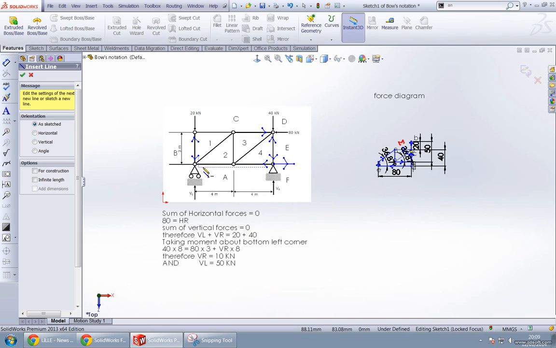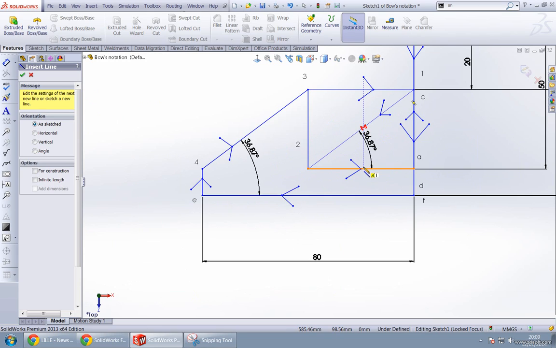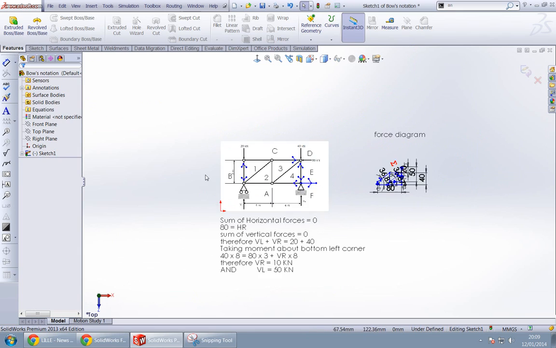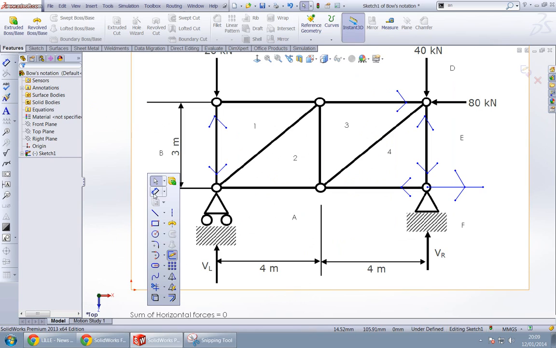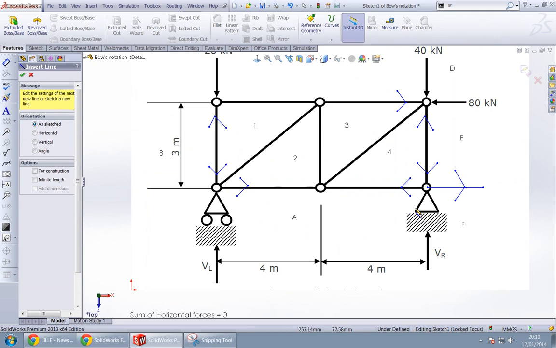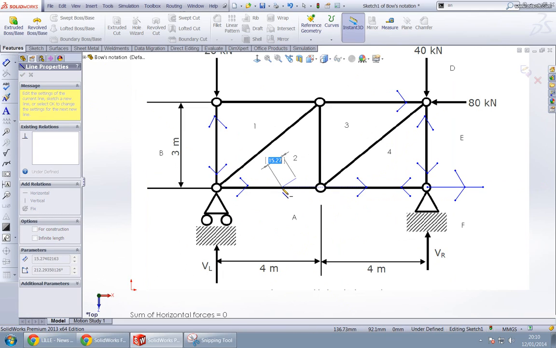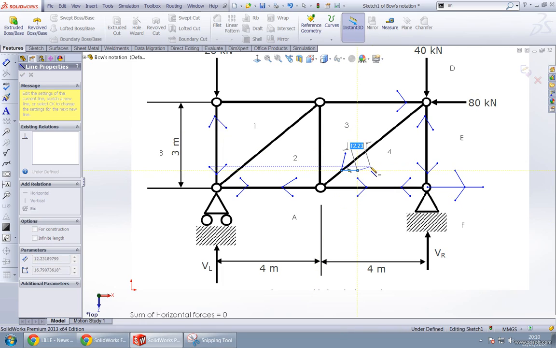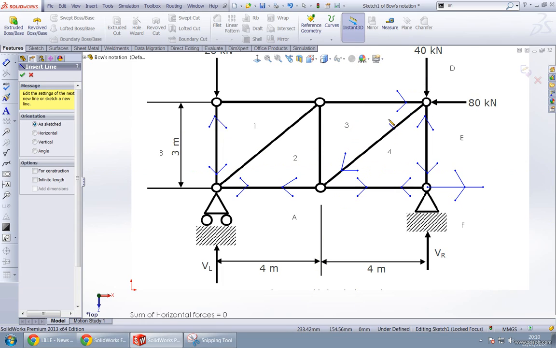Now we have to find the force between 2 and A. 2 is this point, and A is to the right. So we have to draw the arrow towards the right, and then this is left, so this should be cancelled with this, and this should be cancelled with this, and there would be a force coming like this to repel these forces here.